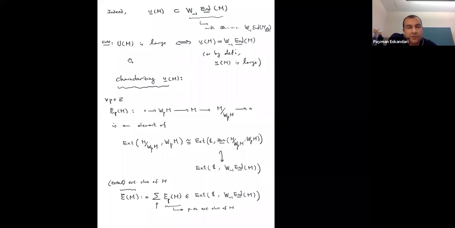And now going back to the definition that we had, we said that the unipotent radical is large if and only if it was equal to U_0. And then, well, these are unipotent groups, so that's the same as the Lie algebras being the same, and that would be the same as saying that u_M is the same as W_{-1} End M. So during the talk, I have the underlines in my writing, but I'll just refer to this as u_M.